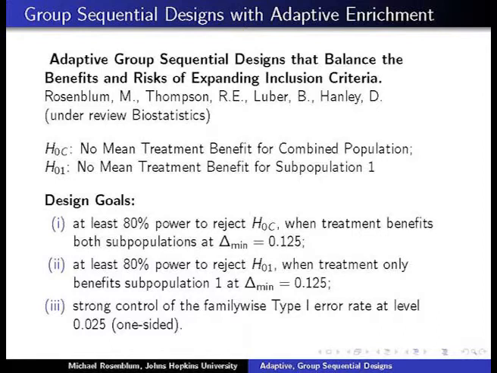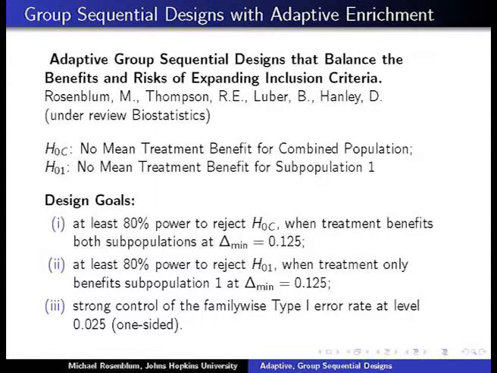It seems like a relatively simple problem. If you ignore goal 2, you can use a standard group sequential design, which would probably be a pretty good idea. But if you put in goal 2, you want to make sure that if just subpopulation 1 benefits, you have good power to detect that. That makes it trickier.